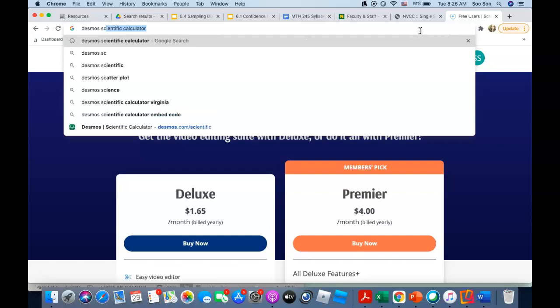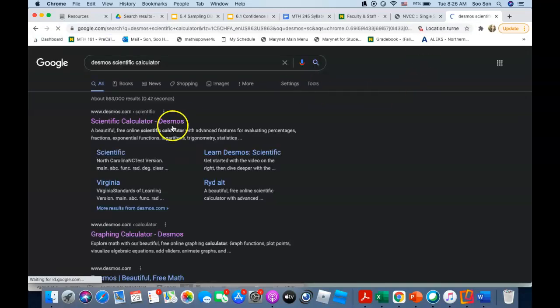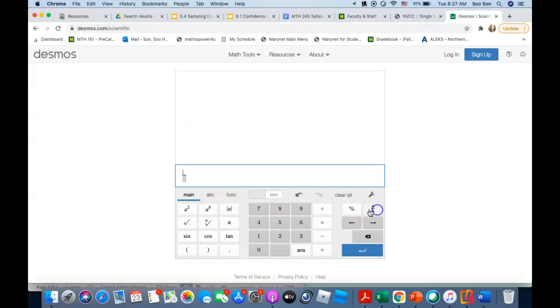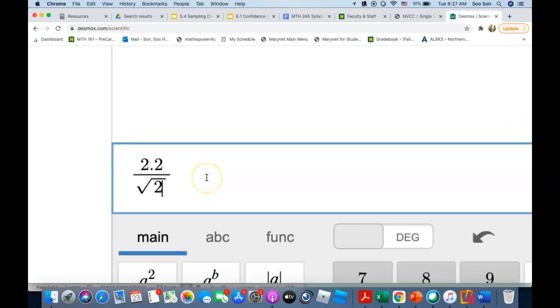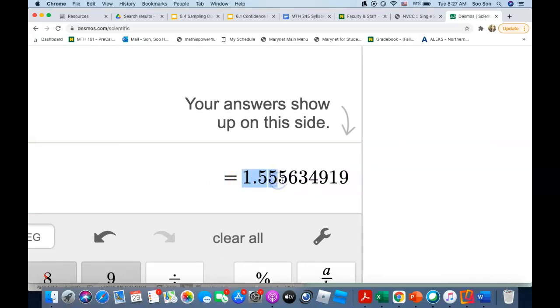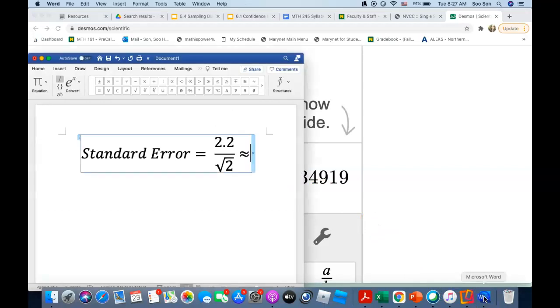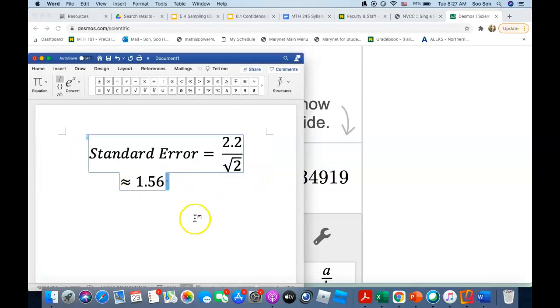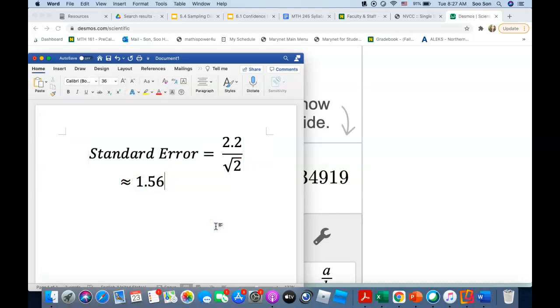I will do 2.2 divided by the square root of 2. As you can see, when I type that in, the standard error comes out to be 1.56, rounded. So that is how you can find the standard error, okay?